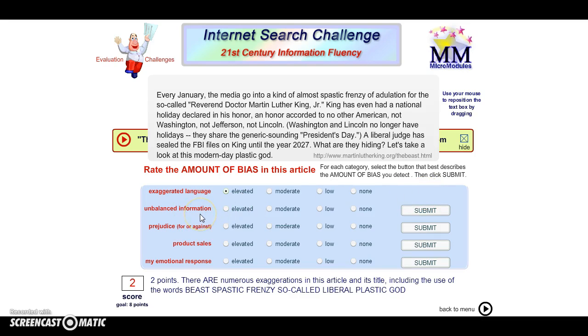Unbalanced information. Let's reread the paragraph for information that seems to sway the reader in one way or another. This paragraph seems strongly against Dr. Martin Luther King Jr. So I believe it has an unbalanced amount of information.